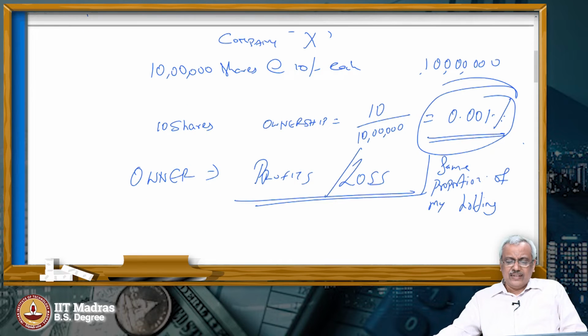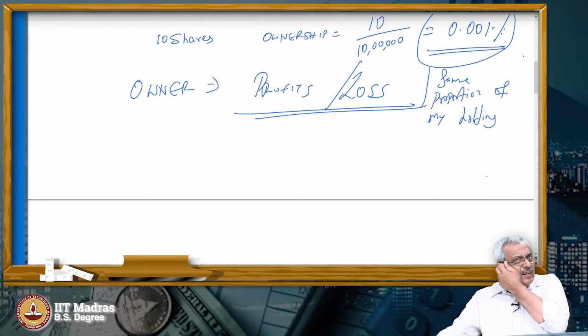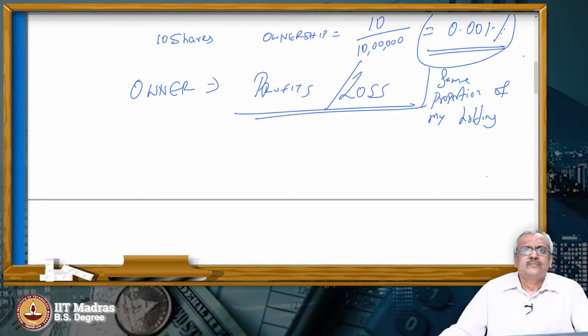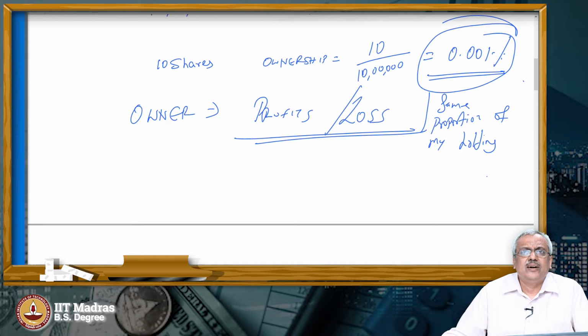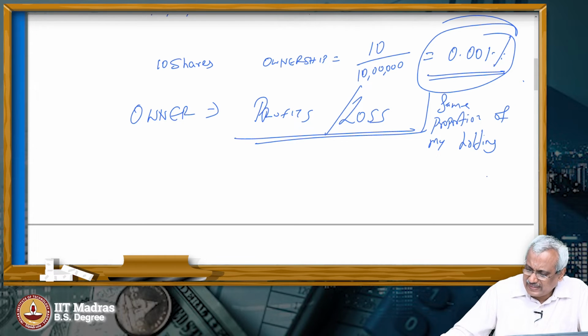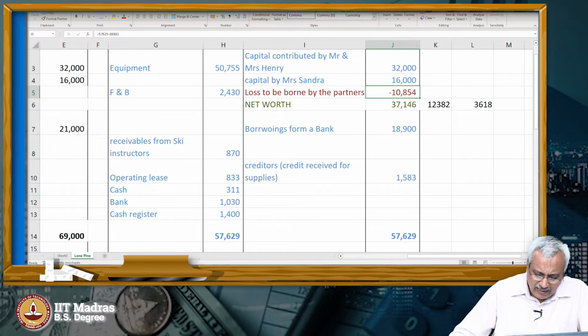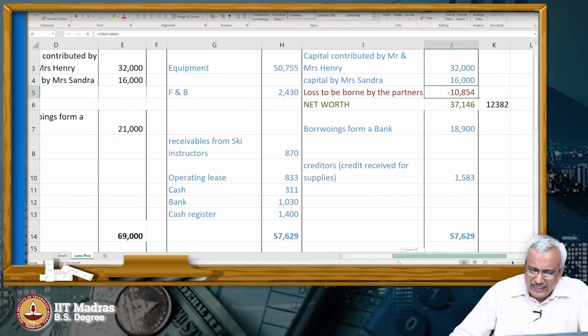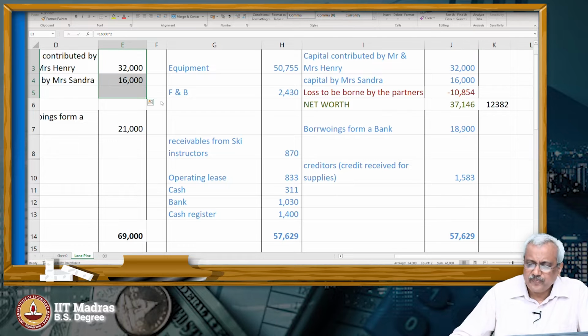Now, next. If I am owning some shares, and I'm eligible for the profits and the losses, then in the same example in this Excel sheet, supposing the loss is more than 48,000.